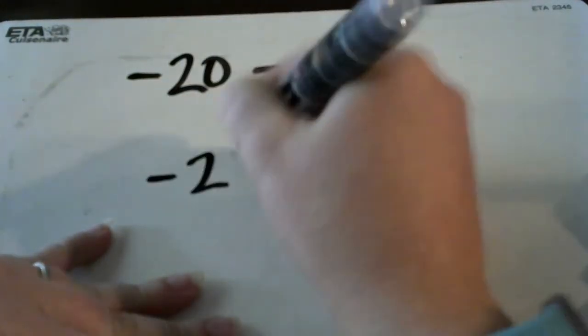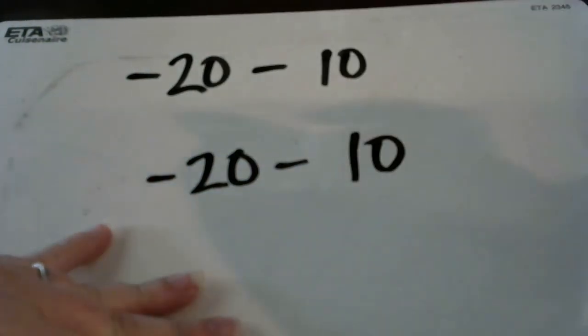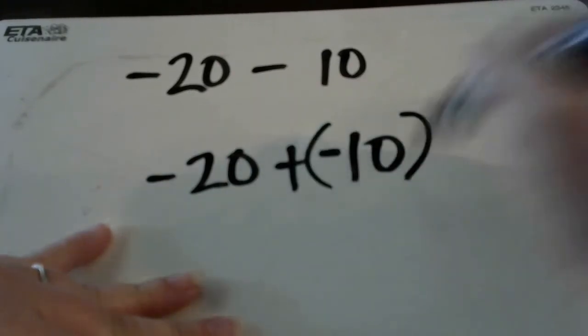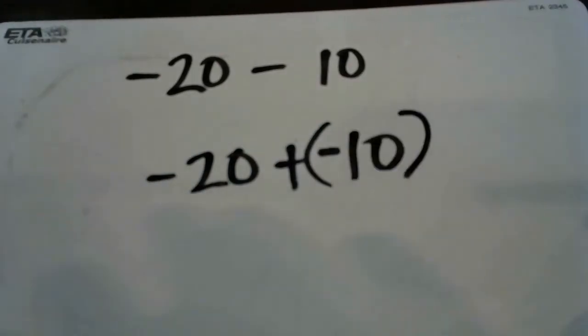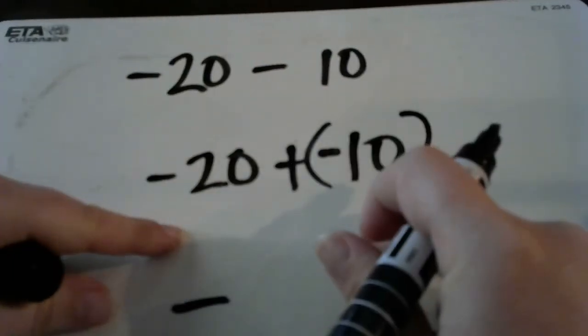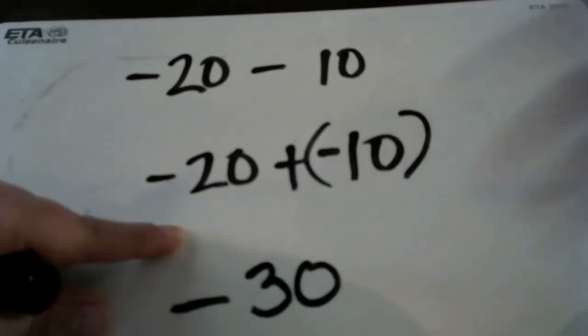So negative 20 minus 10. If I change the sign to addition and change the sign of the next number, I know that it's easy when they both have the same sign. They're both negatives, so I know my answer is negative, and I just add them together. Negative 20 plus negative 10 is negative 30.